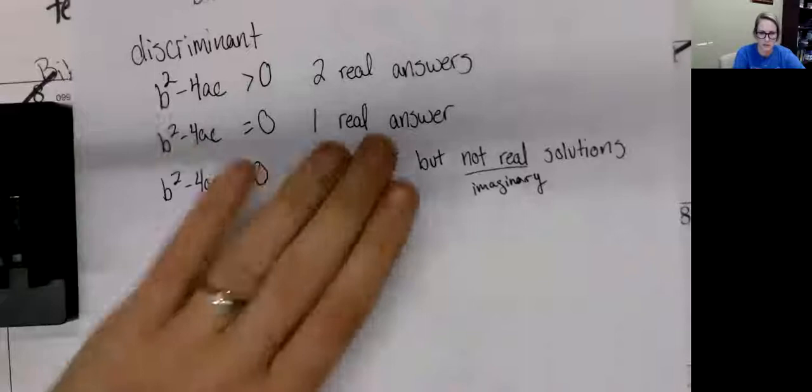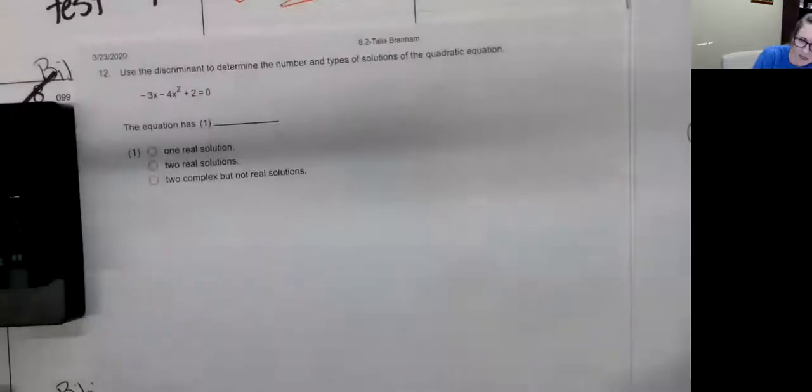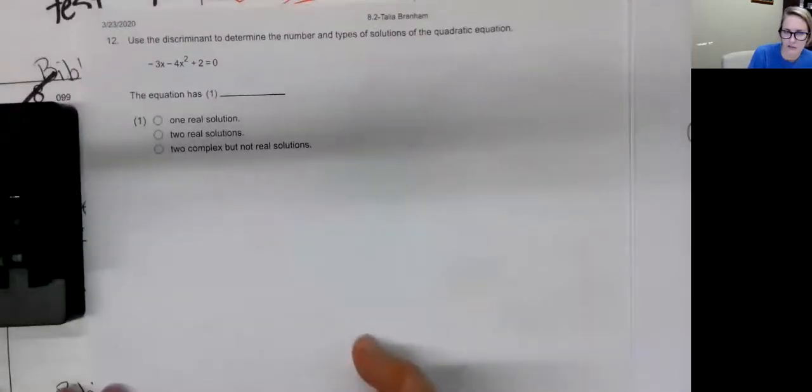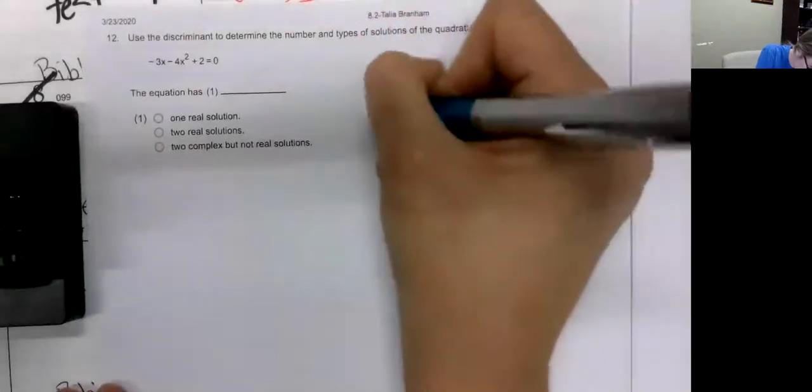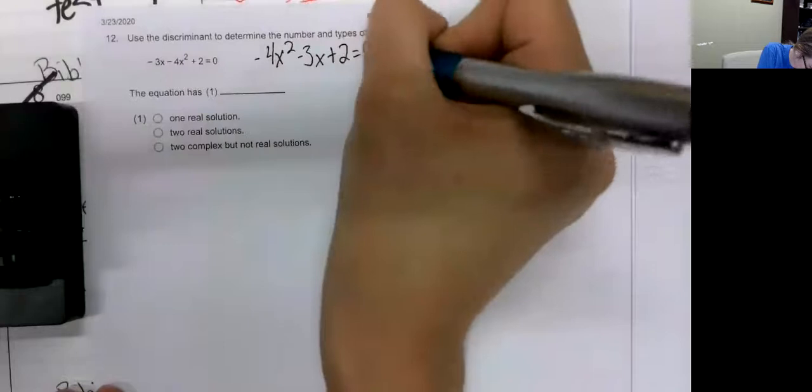Just remember to have this paper when you're doing the last problems. All right, there's one more. Use the discriminant to, I'm going to rewrite these on the bottom of this after this so it's with your problems. Okay, so A, B, and C. This one's not written in order, so let's just change it. Then it'd be negative 4x squared minus 3x plus 2 equals 0.